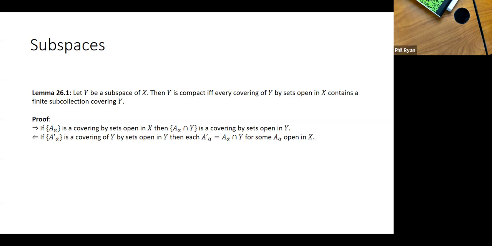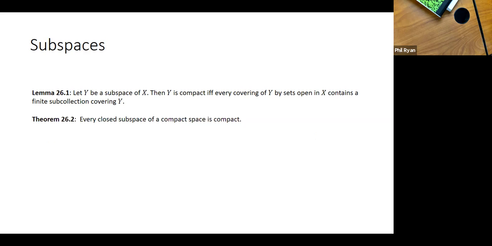Well, you take a covering of Y by sets open in Y. The fact that they're open in Y means that each is some set open in X intersected with Y. But now you use the fact that there's a finite subcollection of those A alphas which cover Y. And then you go back, that means the corresponding finite subcollection of these cover Y, and so therefore Y is compact. So we can go back and forth between the sets open in X and open in Y just by intersecting with Y. It doesn't really cause any problem.